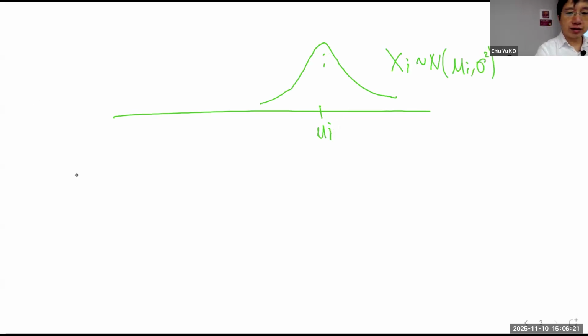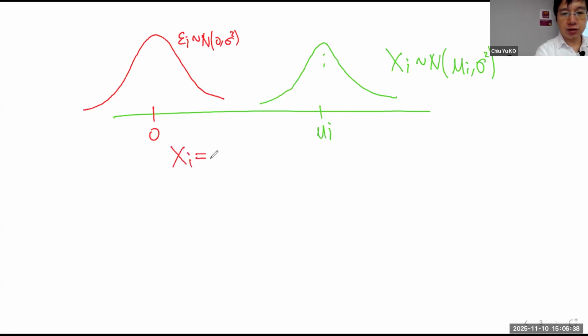Usually you can write it as the 0 is here. This is epsilon i, the error term, normal 0, sigma squared. Okay. And you can say xi is equal to mu i plus epsilon i.